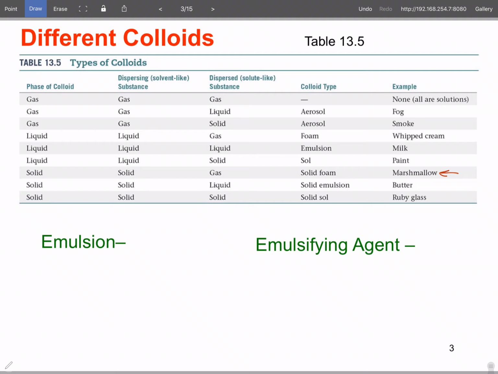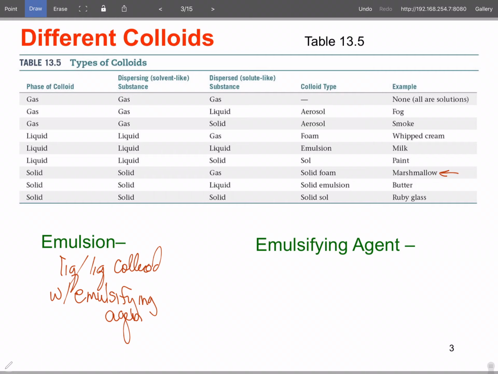An emulsion is a liquid colloid with an emulsifying agent. Now, that's cheating because you're not supposed to define a word with the same word.